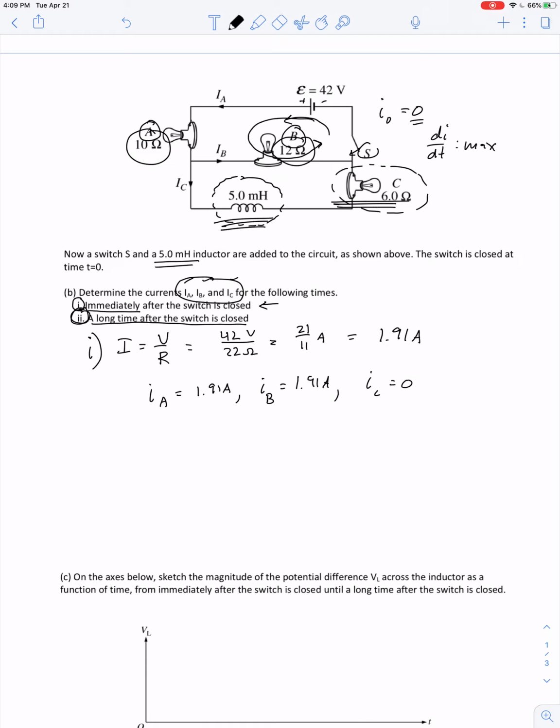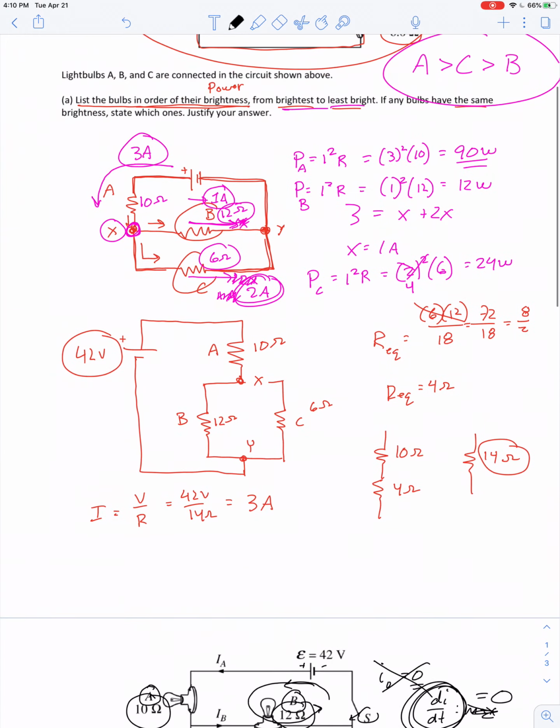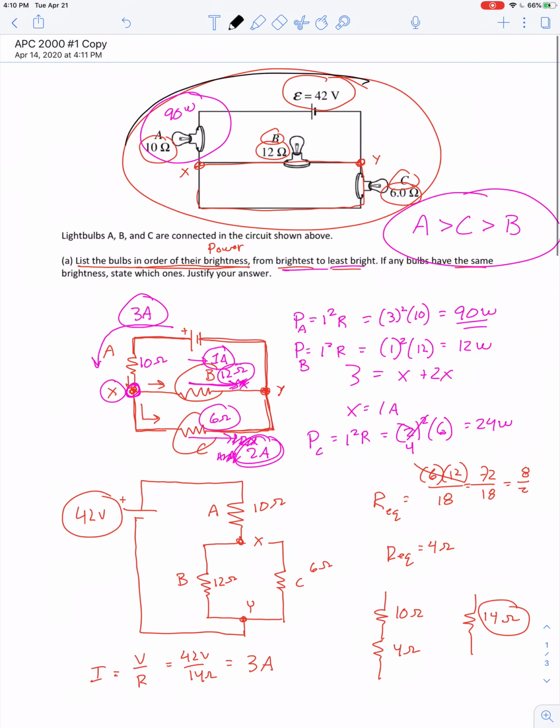Now, after a very long time, what are the currents? Well, after a really long time, the inductor might as well just be bare wire. It offers no resistance. After a really long amount of time, the current's grown to whatever value it's going to be, then at that point, di/dt is equal to 0, and the inductor offers no resistance, and now the circuit is just right back to what it was previously.